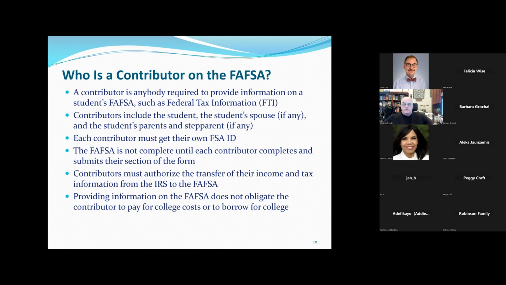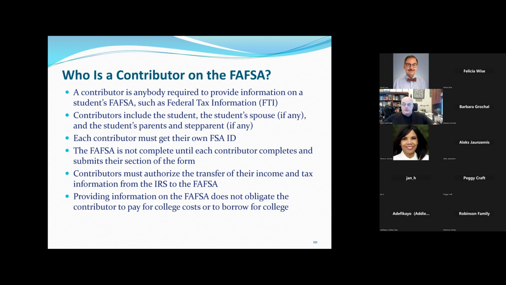This year, the IRS data retrieval tool has been replaced with the IRS Direct Data Exchange, and each contributor must authorize and consent to the transfer of their federal tax information to the FAFSA. Otherwise, if they don't complete their part of the form and don't consent to transfer of their federal tax information, the student will be ineligible for federal and state student aid.